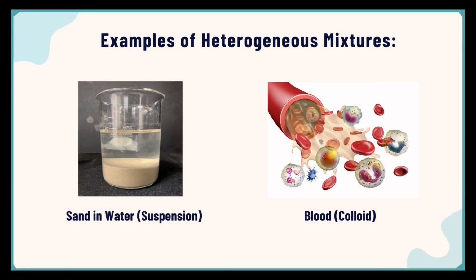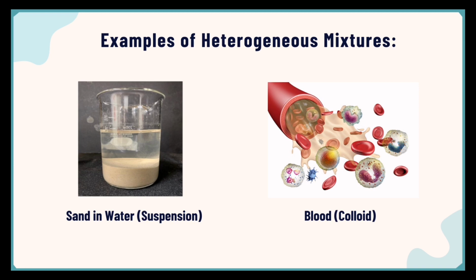Sand and water. It is a heterogeneous mixture because, as stated earlier, the mixture isn't uniform and is also considered a suspension because the sand is distributed throughout the water but it isn't dissolved. And blood.